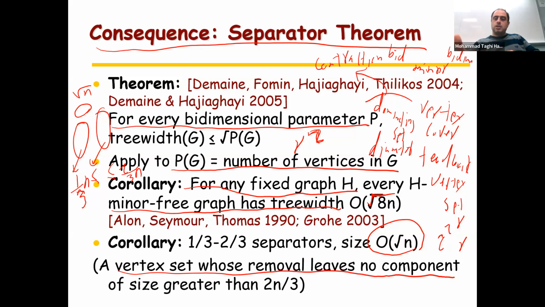And this theorem says that the Treewidth should be at most square root of n. And whenever the Treewidth is v, we can show that there is a separator of the same size as well, order v. So there's a very close relation between separators and Treewidths.